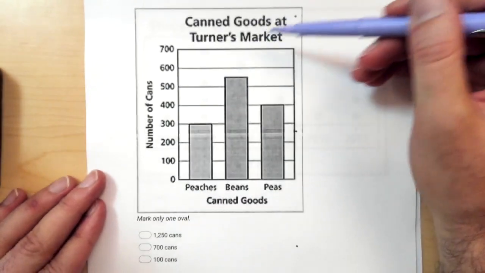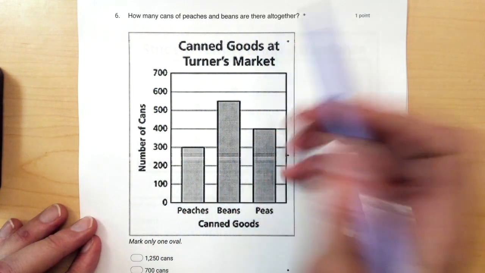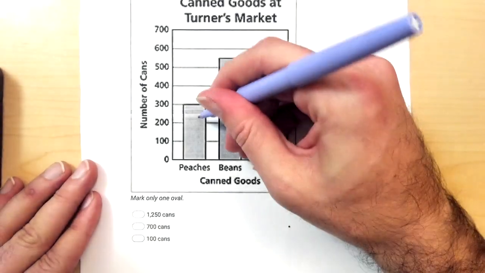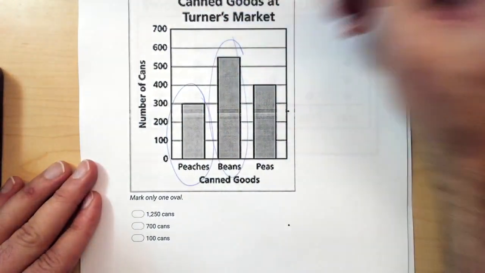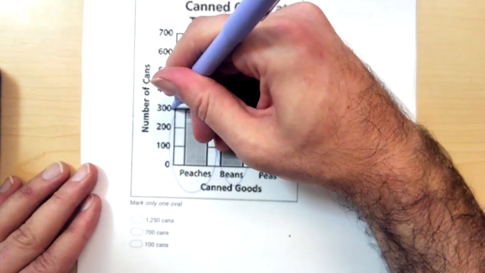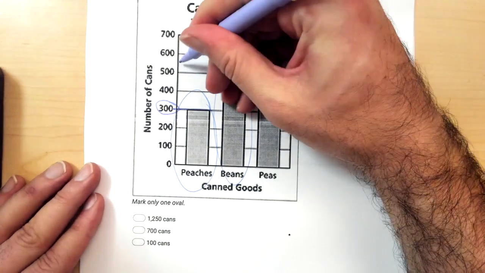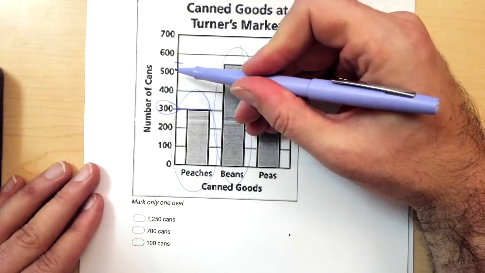For this one, for the canned goods at Turner's Market, we're saying how many cans of peaches and beans are there altogether? I know I'm going to add whatever this is plus whatever this is. So first let's figure that out. I know peaches are right here. So peaches are going to be 300, and the beans are right halfway between 500 and 600.